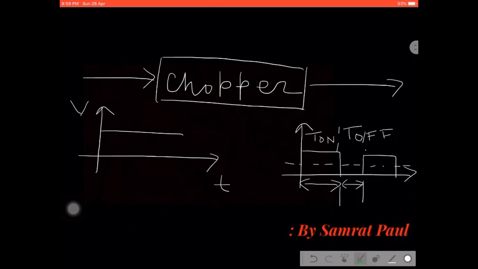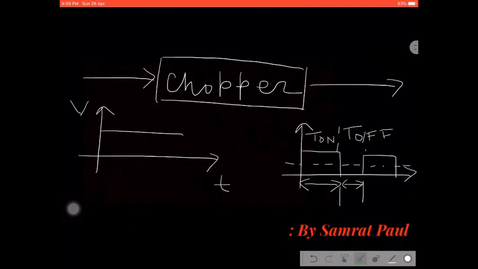A DC converter can be considered as the DC equivalent of an AC transformer with a variable turns ratio. Like a transformer, it can be used to step down and step up a DC voltage source. It can also be used in regenerative braking of DC motors to return energy back into the supply, and this feature results in energy saving for transportation systems with frequent stops.